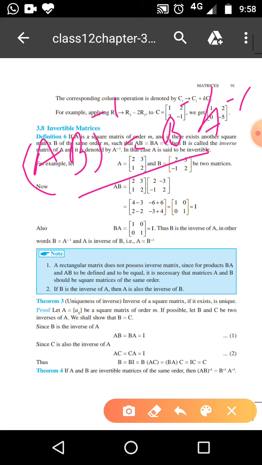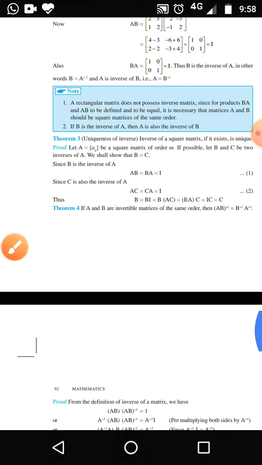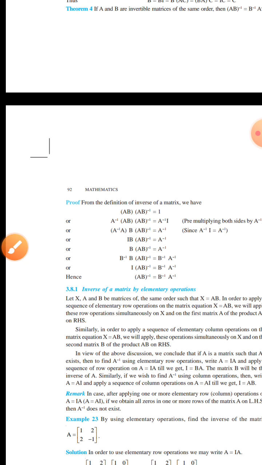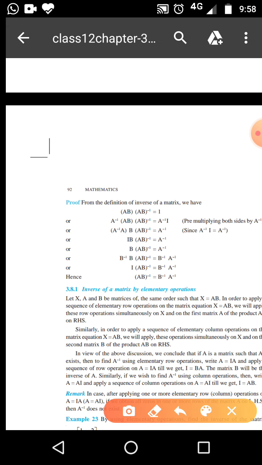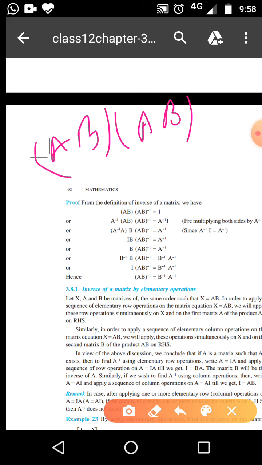Now we are going to prove it. From the definition of inverse we have (AB)(AB) inverse = I. Yes, if A is a matrix and B is a matrix, then AB is also a matrix. Now pre-multiply by A inverse.